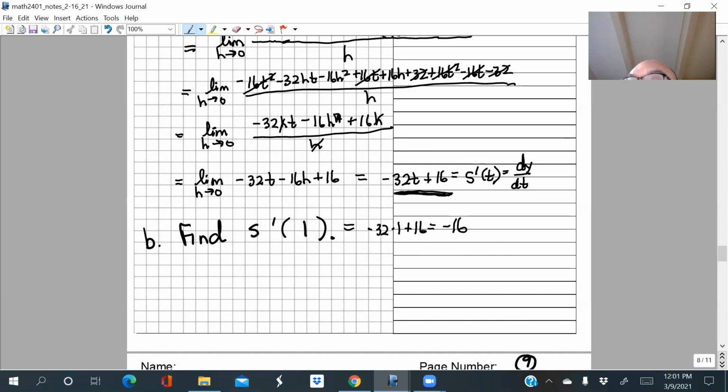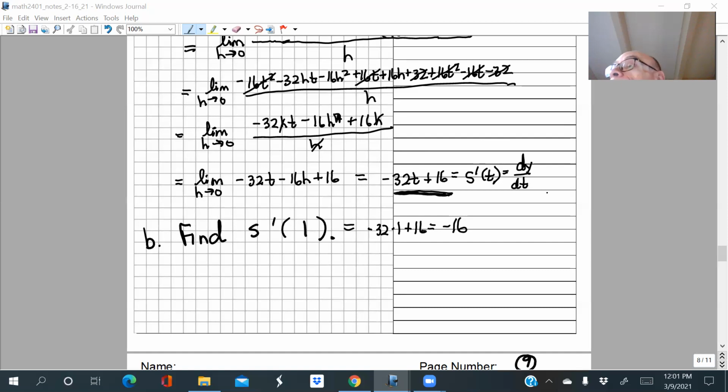So Daniel, I know you're here. Can you help me here with this one? What is the fact there that s prime of 1 is minus 16? Daniel Adego, what does it mean there, the fact that s prime of 1 is minus 16?